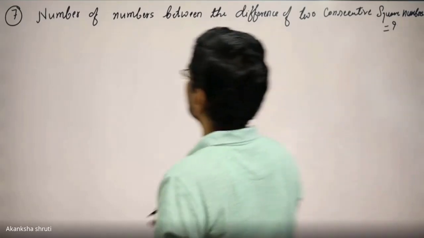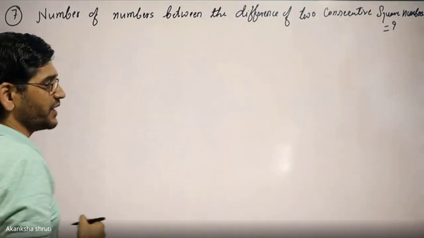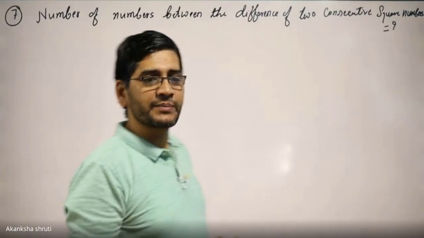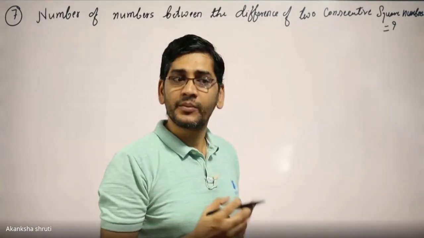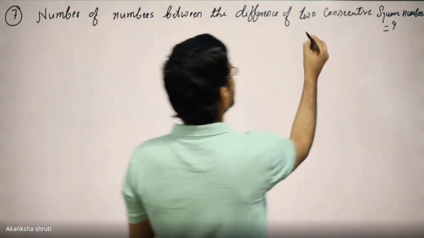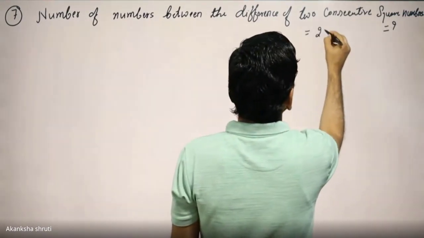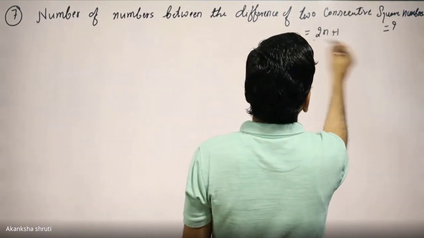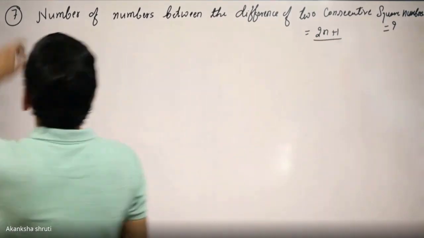This is the next property. Students, we can determine it: it is 2 times the smaller number plus 1. That one is easy. If it is asked, we can get that it is 2n plus 1. But how is this? Let me explain.